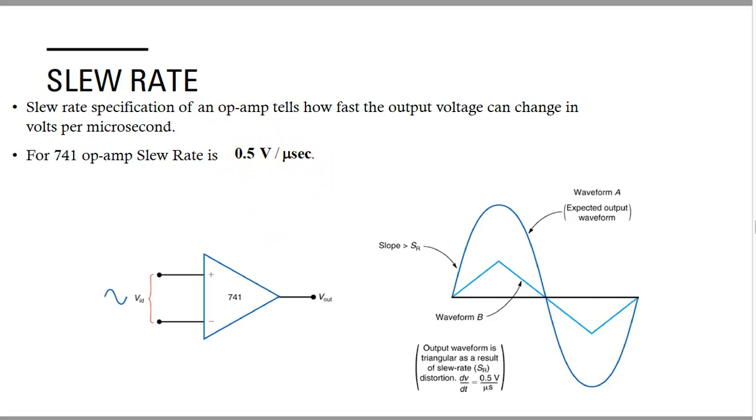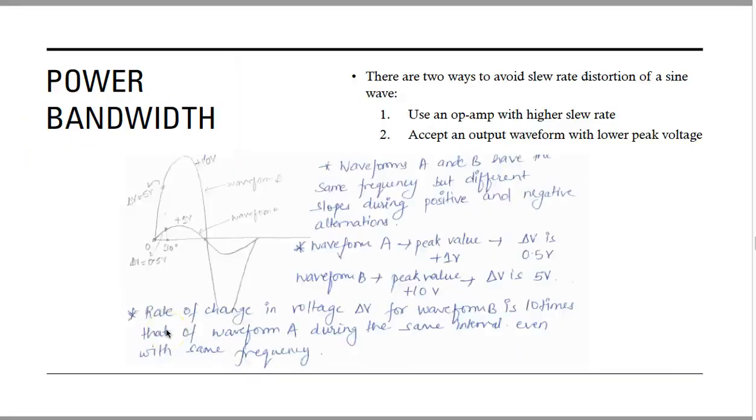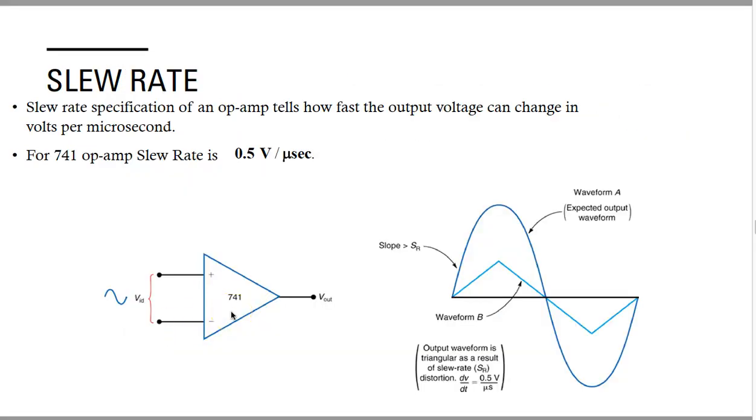Okay. Now let's look at the 741 op-amp. As you see at the input side, we are giving a sinusoidal waveform and we expect to get the sinusoidal waveform at the output also.